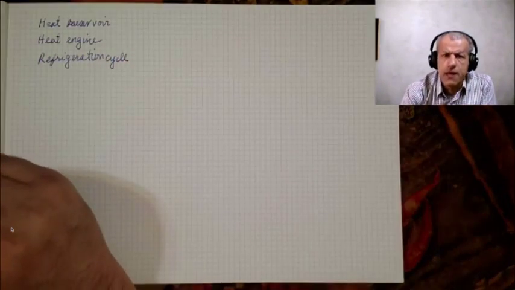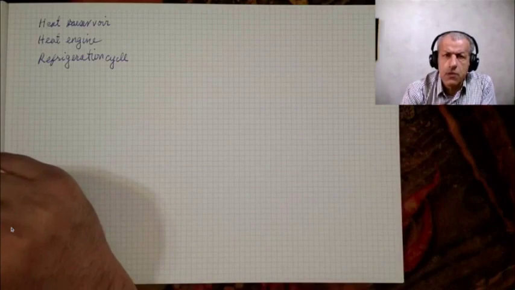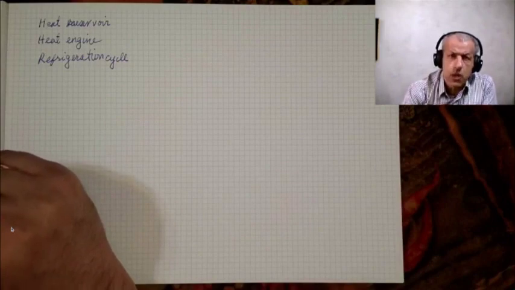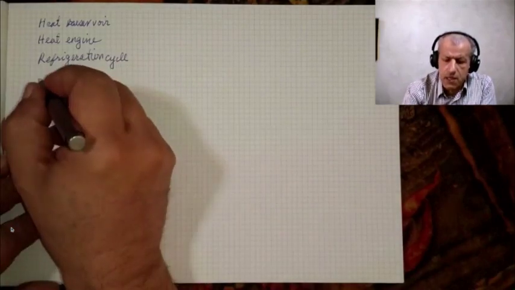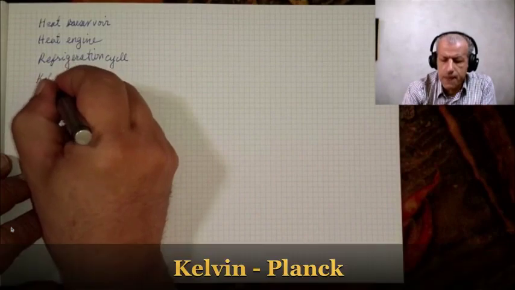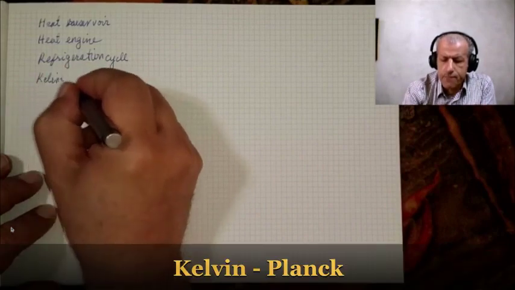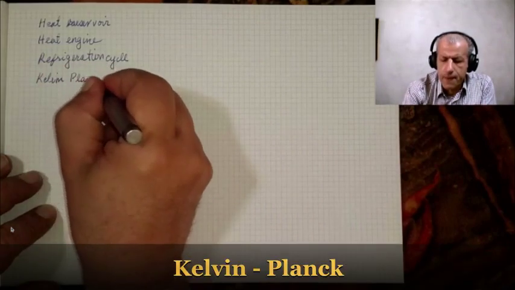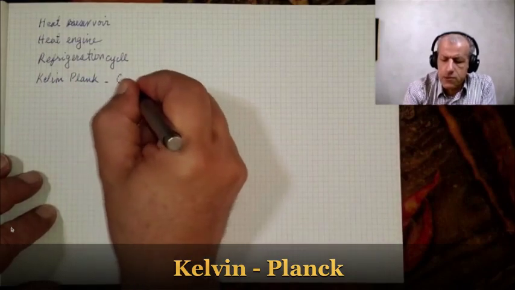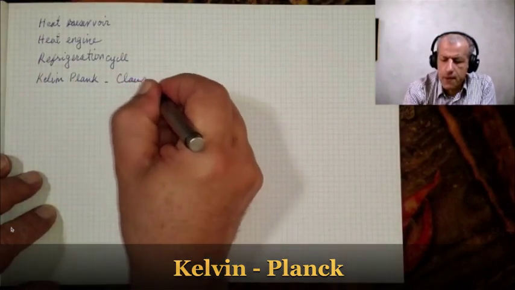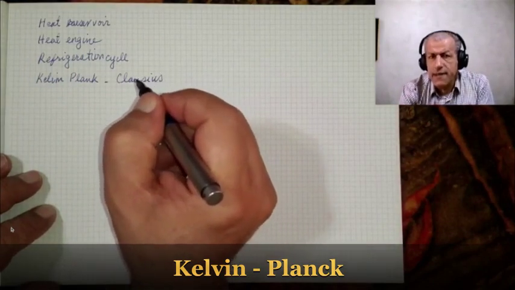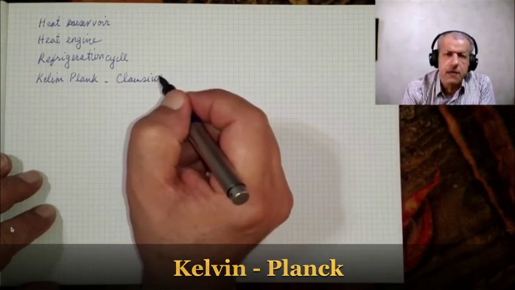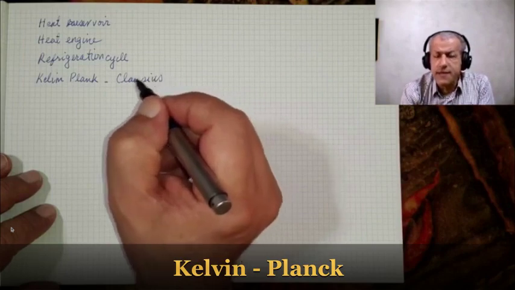And then we tell him two very unusual statements, which are Kelvin Planck and Clausius statements, which basically are negative statements, and they state negative things.